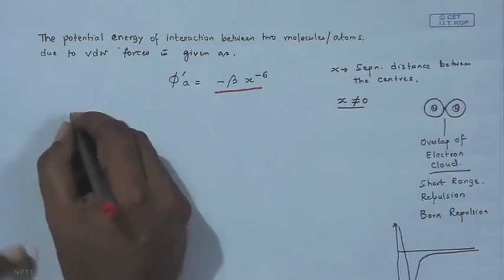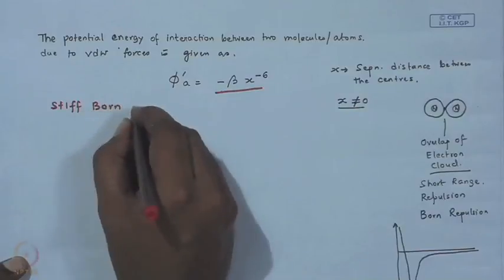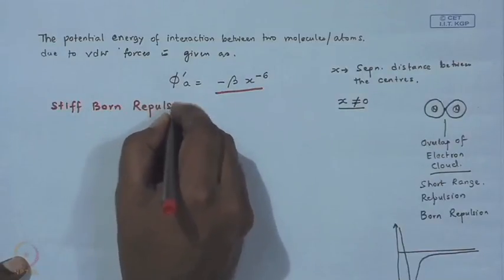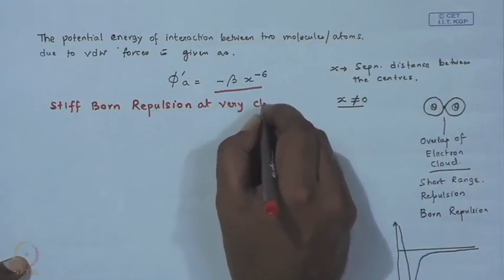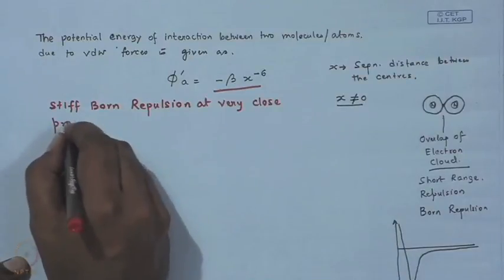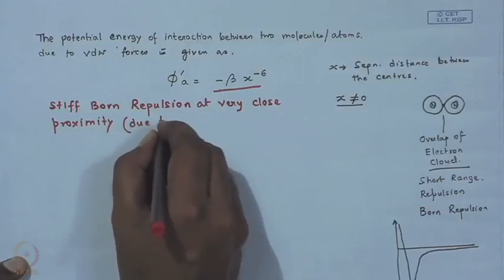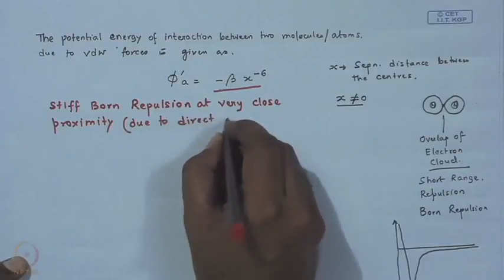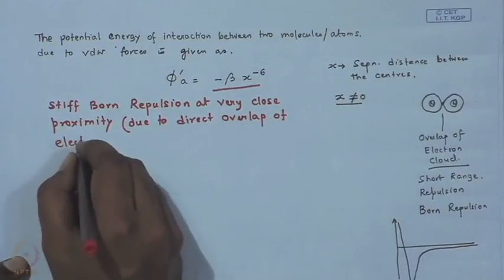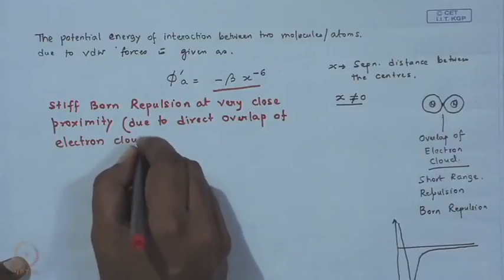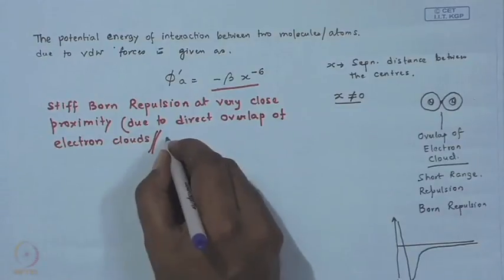So, we also consider stiff bond repulsion at very close proximity, which is due to direct overlap of electron cloud, and this is also sometimes referred to as the so called hard sphere model.